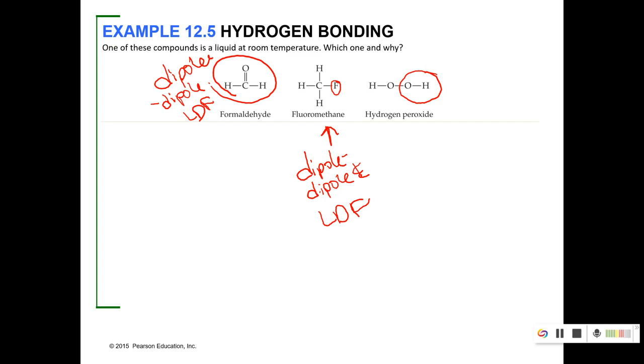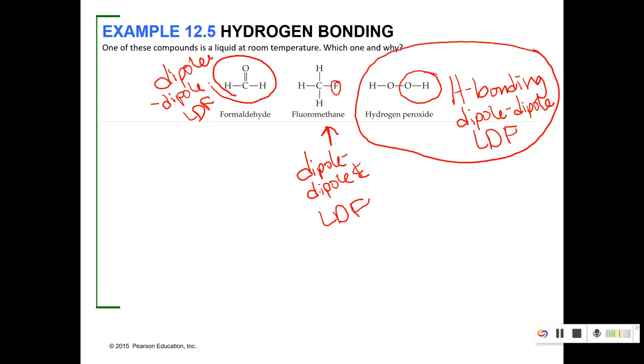But here we've got that O attached to an H. This makes it hydrogen bonding. Because of that, the hydrogen peroxide is strongest. So this one will be our liquid at room temperature because it has the strongest intermolecular forces.